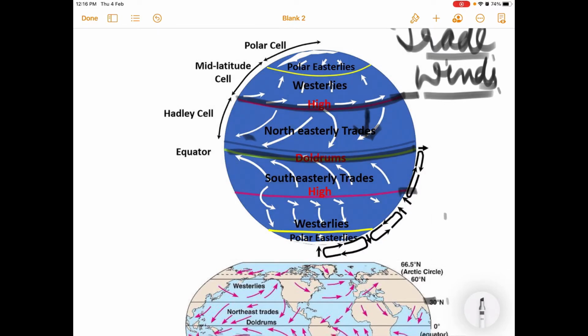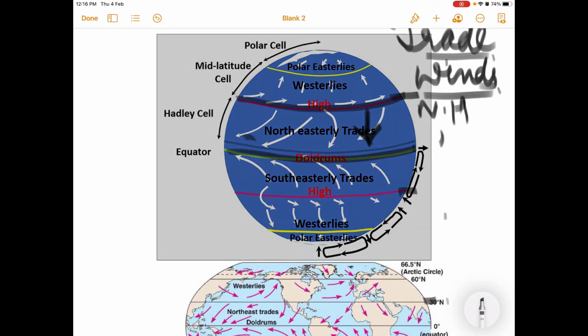Now children, the winds are moving in this direction, but in the figure you can see they have bent. Why have they bent? Because of the earth's rotation, a Coriolis force is created, and because of the Coriolis force in the northern hemisphere, the winds are deflected towards the right.